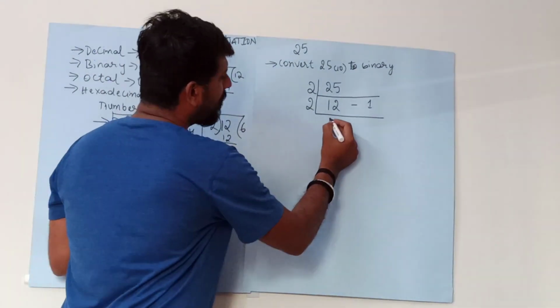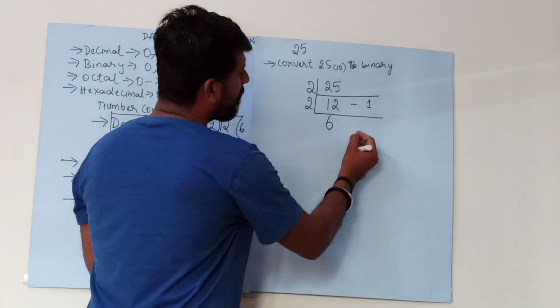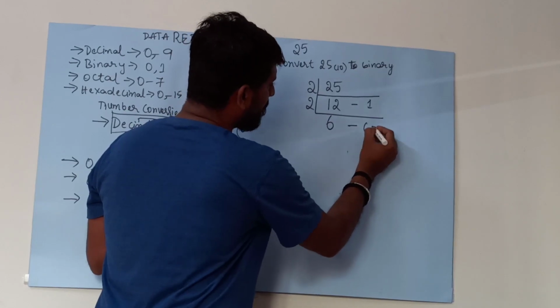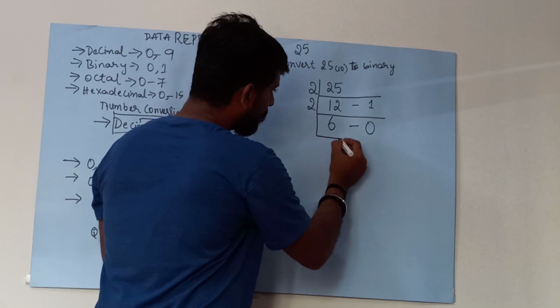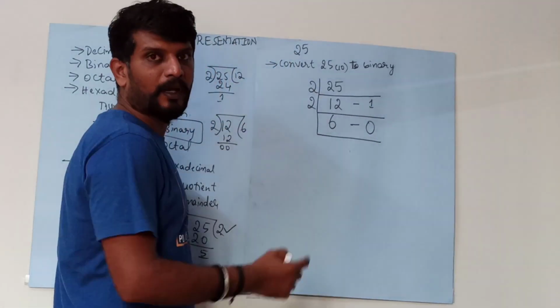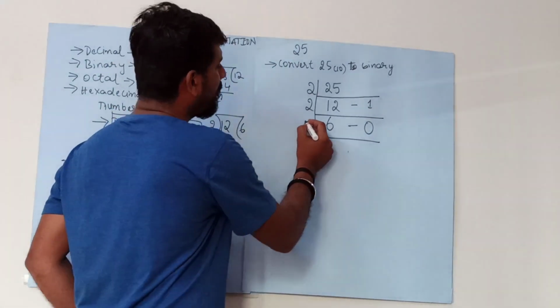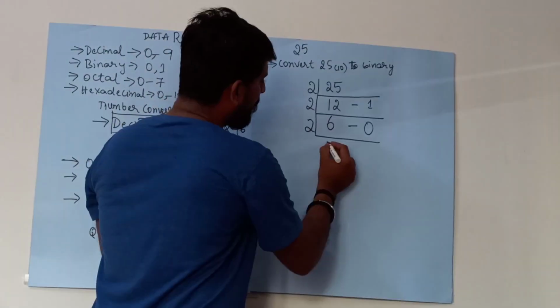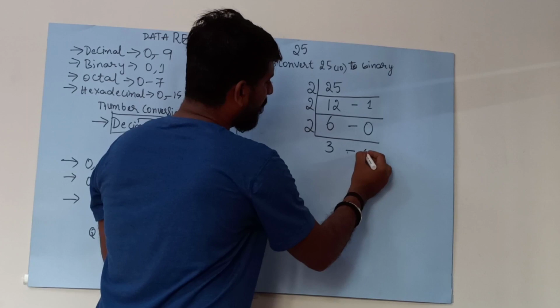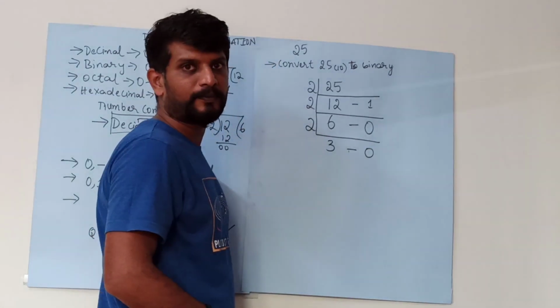The quotient value is 6, and the remainder value will be equal to 0. Next, you have to divide this value again by 2. 2 3s are 6, the remainder will be equal to 0.